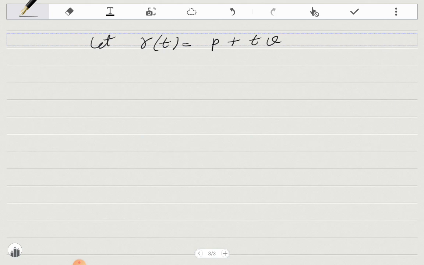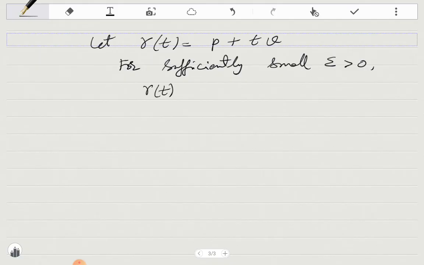Let me just take this straight line. I further want to restrict: for sufficiently small epsilon, gamma t will be in U if t is between minus epsilon and epsilon, since U is open.